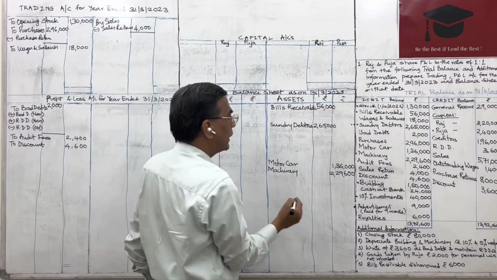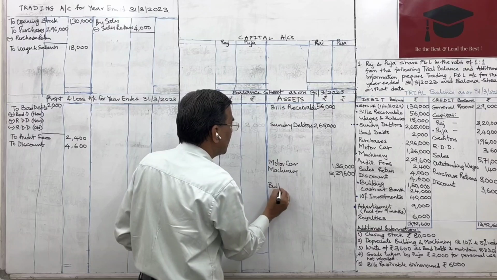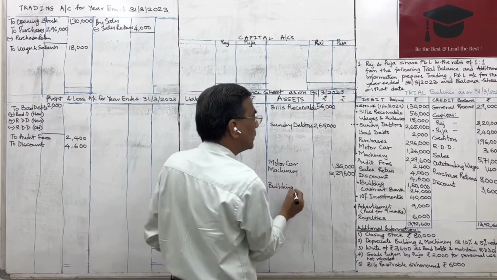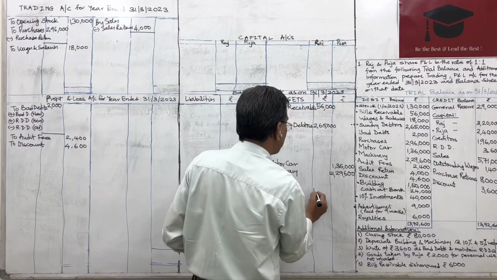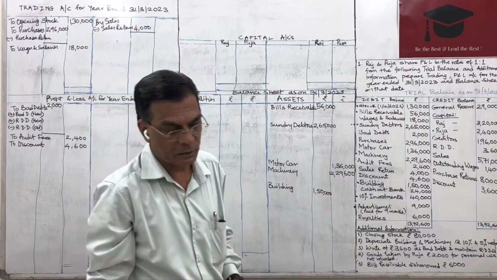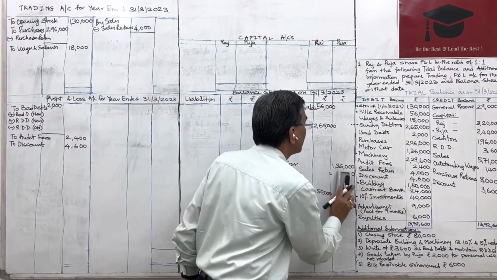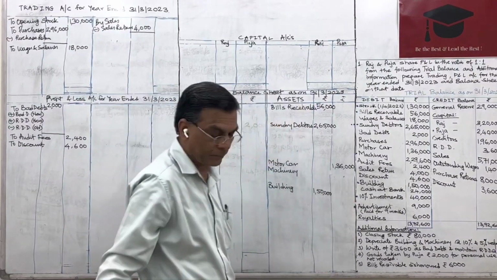Building will come in the balance sheet, asset side, building, 1,50,000. Machinery has an adjustment, therefore machinery will come in the inner column, 2,29,600.